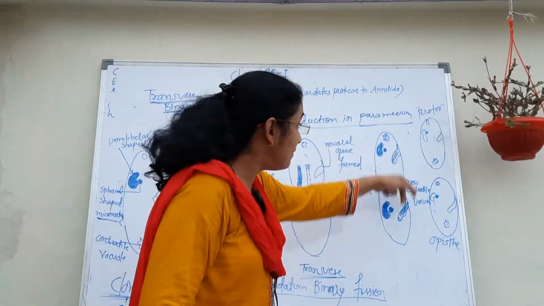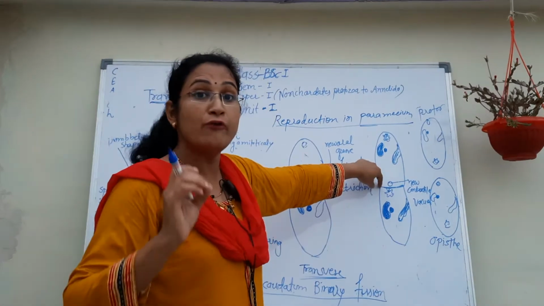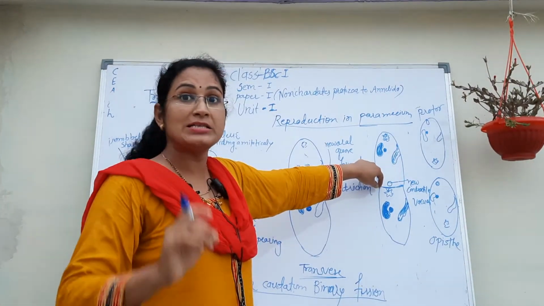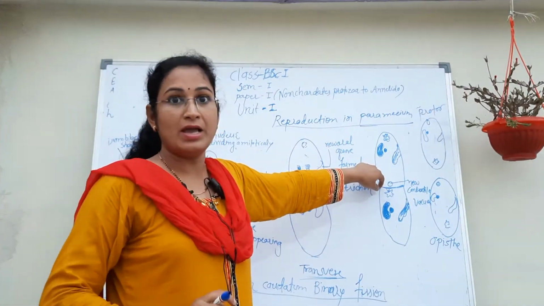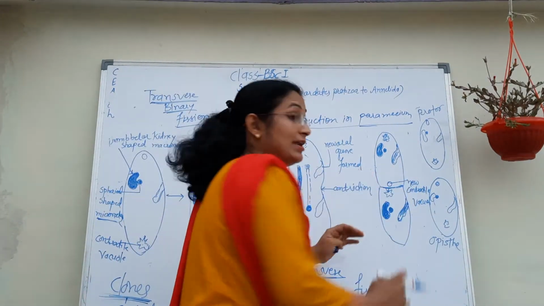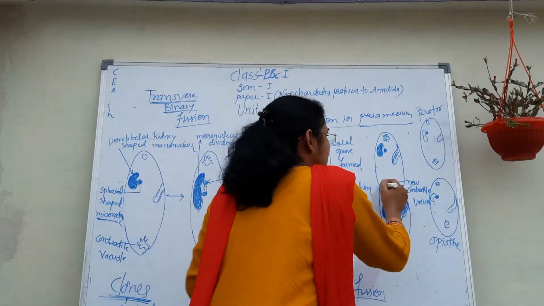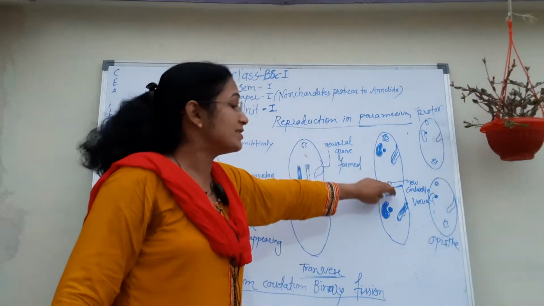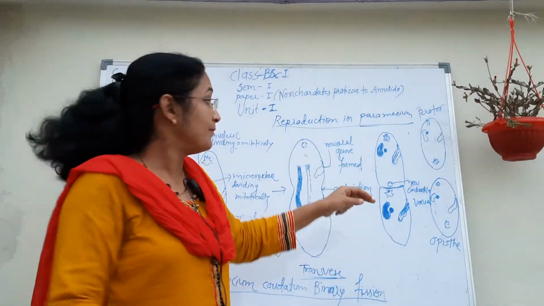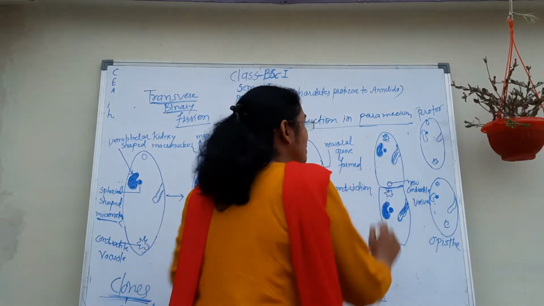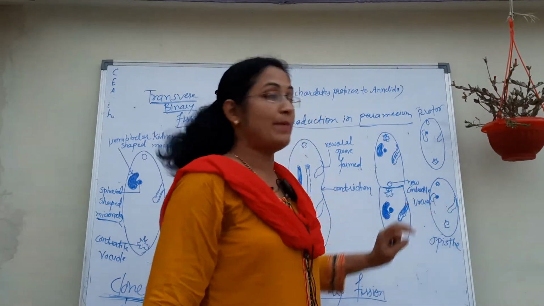In the middle part of the Paramecium, a cytoplasmic constriction furrow forms. Gradually the constriction deepens, and finally the two halves separate from each other and form two daughter Paramecium.